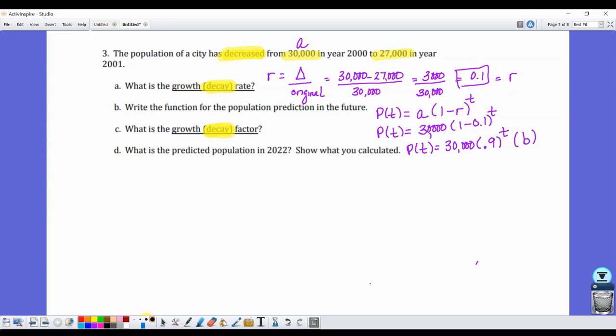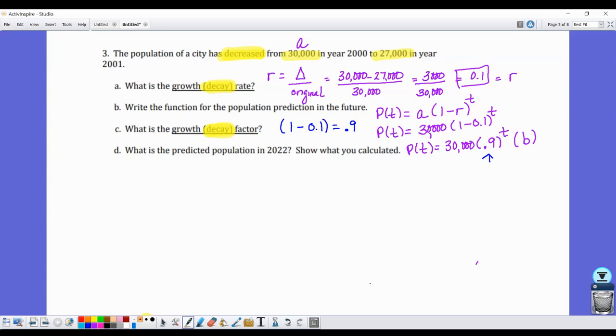But we're not adding, we're subtracting. So then what does the decay factor end up being? The decay factor would be 1 minus 0.1, which gives us the 0.9. And we see that showing up right here in our function.